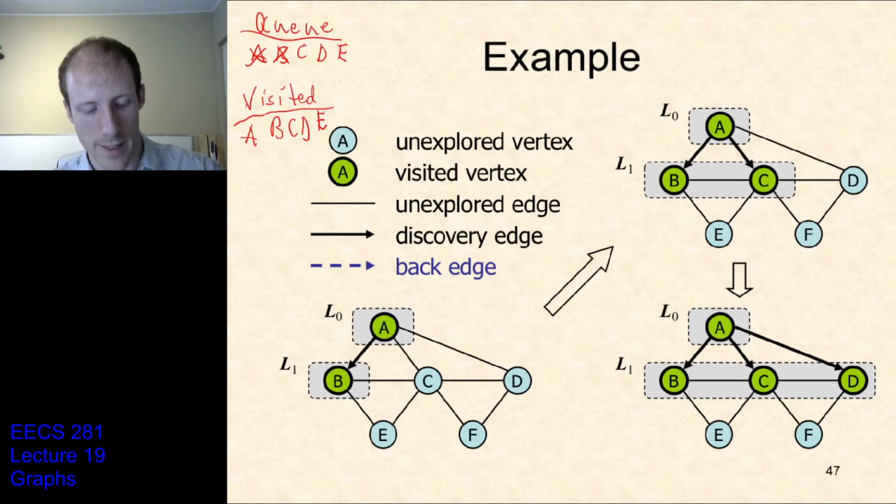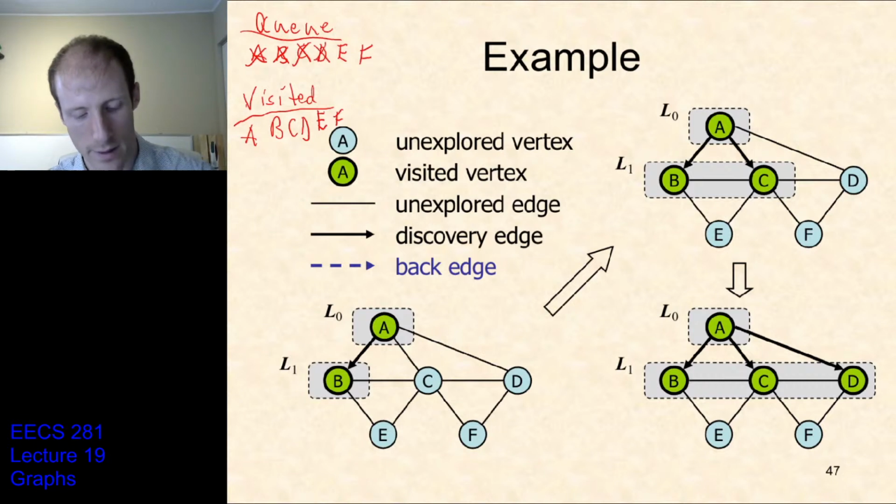Next up, we pop C off of the queue. This is another loop through. C has neighbors A, D, F, E, and B. But out of all of its neighbors, only F has not yet been visited. So we'll mark F as visited and add it to the queue.